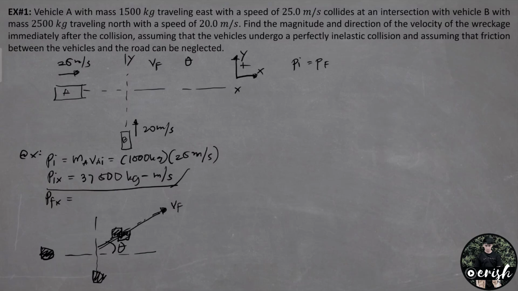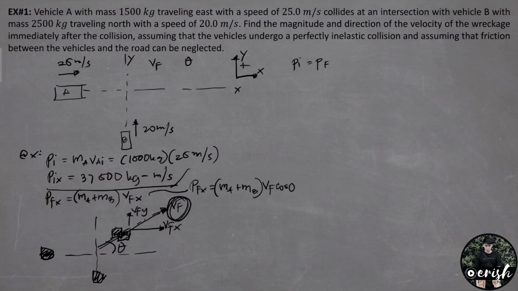So sa final momentum at x component, pagsasamahin na natin yung mass ni A plus mass ni B, and then multiply natin sa final velocity. Since x component lang hinahanap natin, kukunin natin x component ng kanilang final velocity. Ito yung final velocity at x, and ito yung final velocity at y. So, expand natin yung equation. Final momentum at x is equal to mass A plus mass B times the final velocity cosine theta.